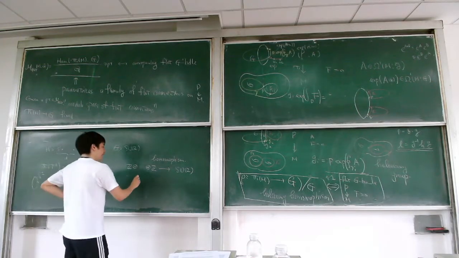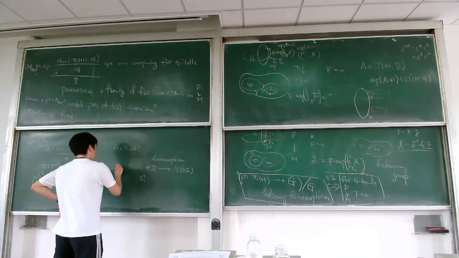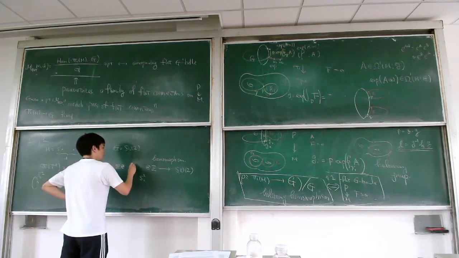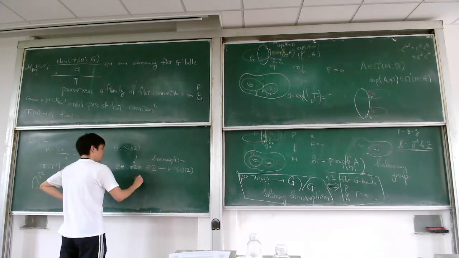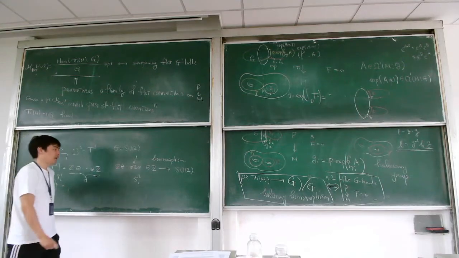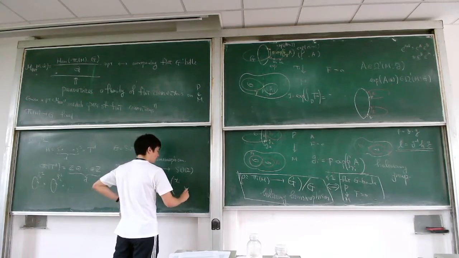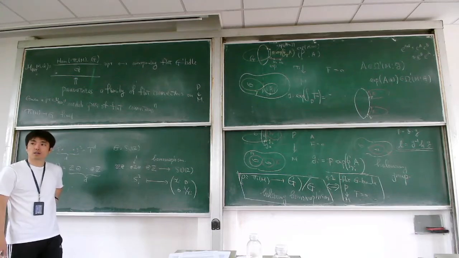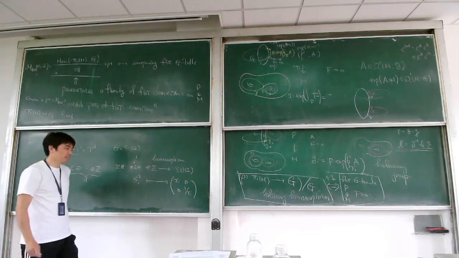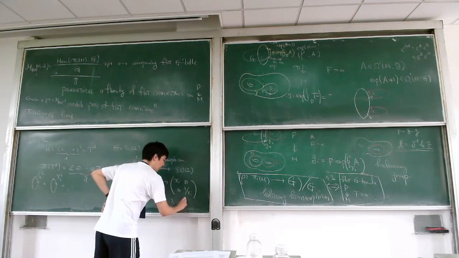The i-th generator is mapped to a diagonal matrix with entries xi and 1 over xi, and zeros elsewhere. And xi has to be of the form e to the i theta i.